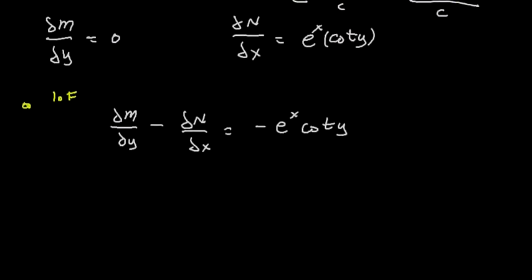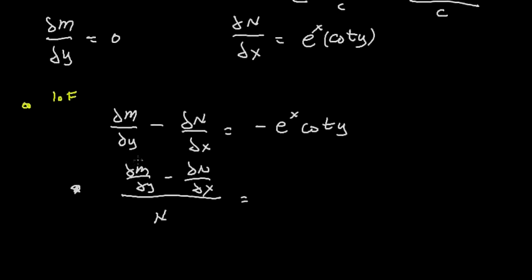Okay, so our first condition is that if this whole term divided by N yields a purely x function, then we have to use that as our e raised to some f(x) dx.